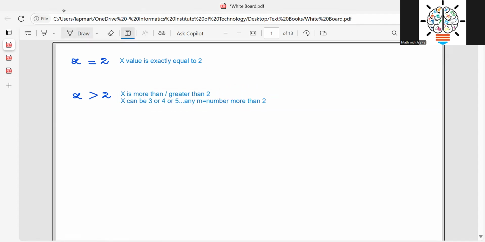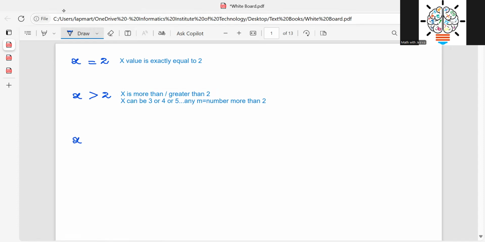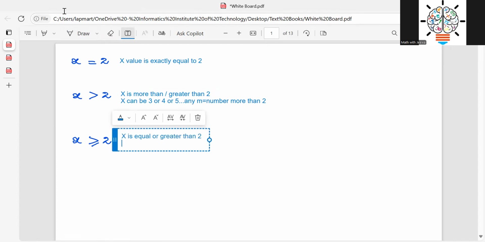But if I give you something like this, x is equal to 2 or greater than 2, how am I going to interpret this? x is equal or greater than 2. That means x can be 2 or any other number greater than 2. So that is how it works.